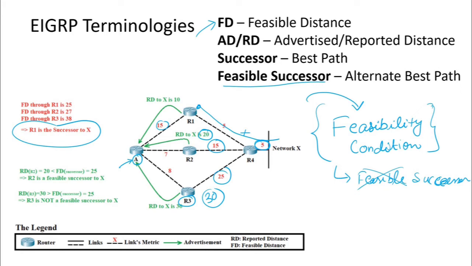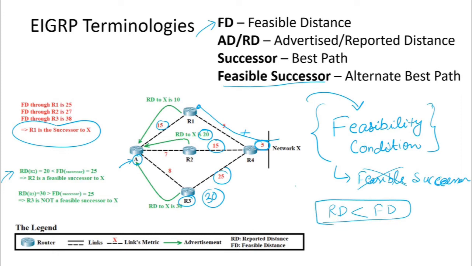It will have just one path to reach the destination. So what is that condition? The condition is that the reported distance RD should be less than FD to be a feasible successor for any of the links, right?